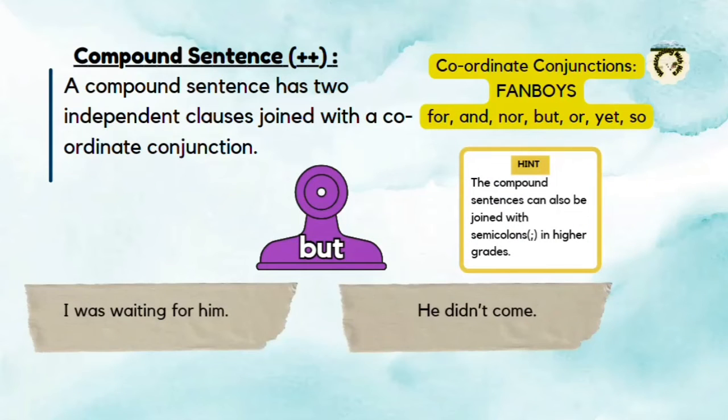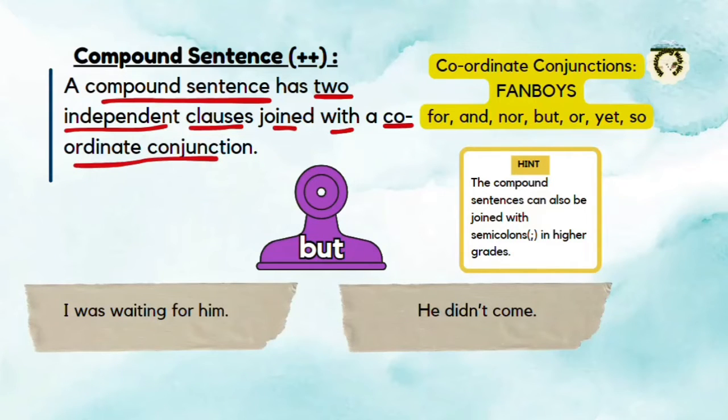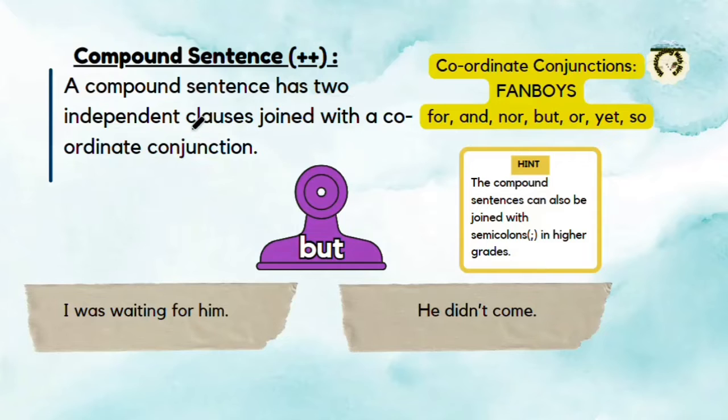Now we have compound sentences. So what is a compound sentence? A compound sentence has two independent clauses joined with a coordinate conjunction. Now, if you don't know what clauses are, we have a complete video that you can watch later, but just to make this concept clear, let me give you some insight about clauses.